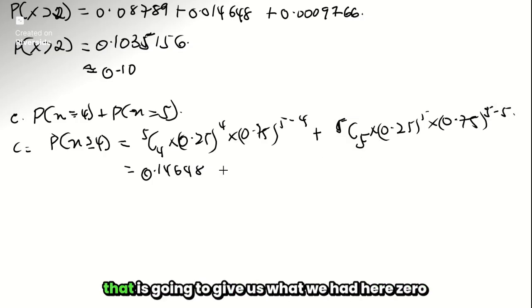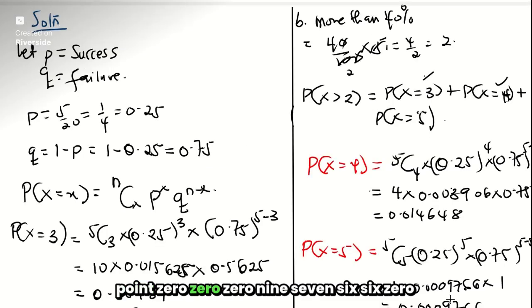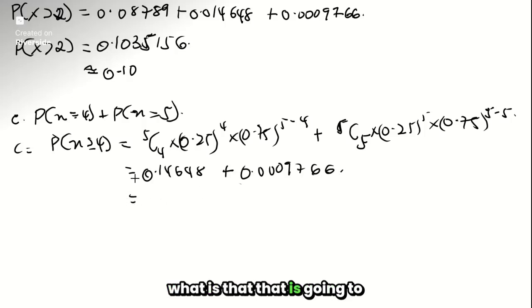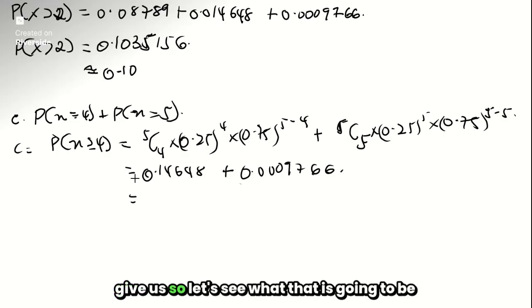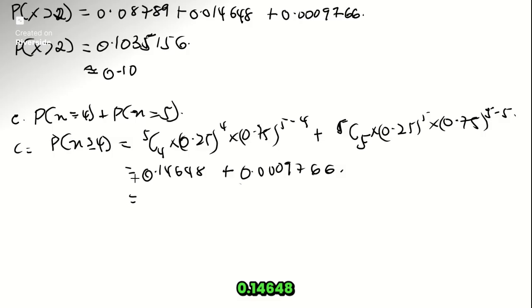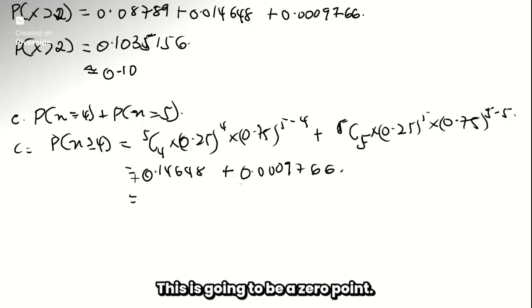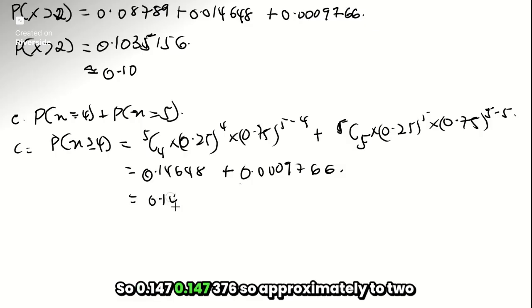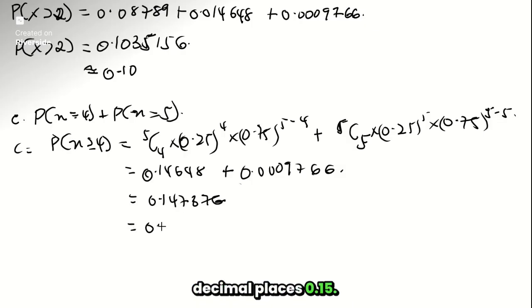We know that this gives us what we had earlier, 0.0009766. So we add 0.014648 plus 0.0009766, which gives 0.015625. Approximately to 2 decimal places, that is 0.02.